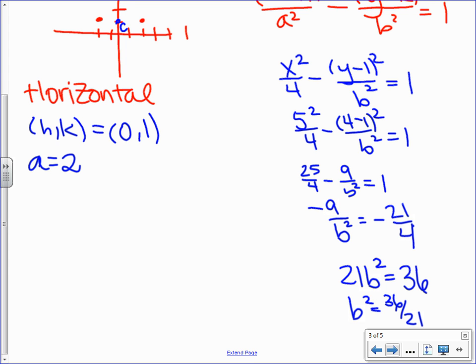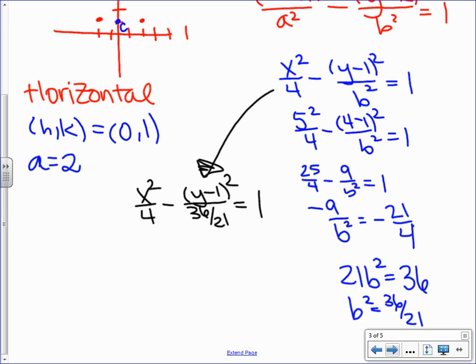Okay, so now we can come back to this standard form, and we can write x squared over 4 minus (y minus 1) squared over our b squared, which is 36/21. You can write it like this, or if this bothers you because there's a fraction in your denominator, you can go ahead and multiply by the reciprocal.